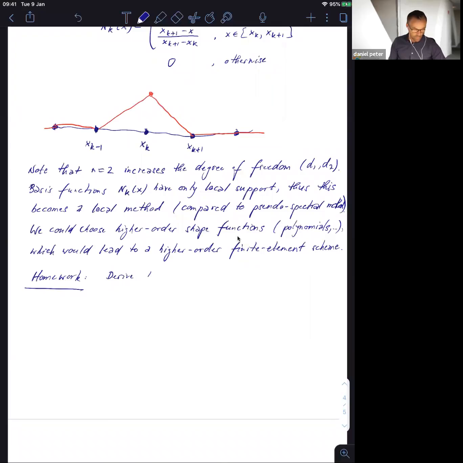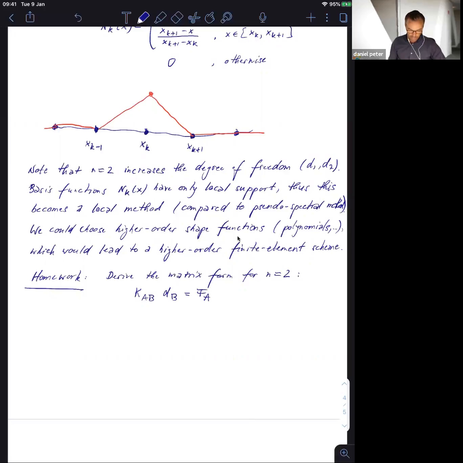So derive the matrix form for n equals 2. So we want to have this explicitly figured out.